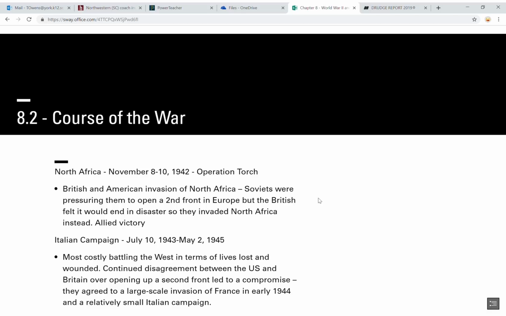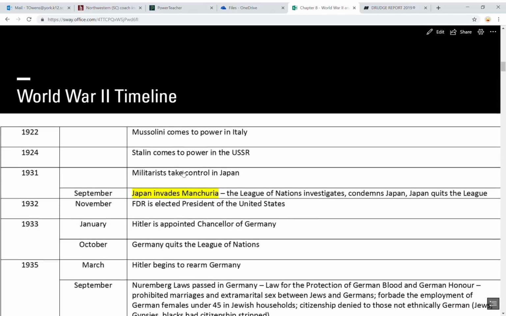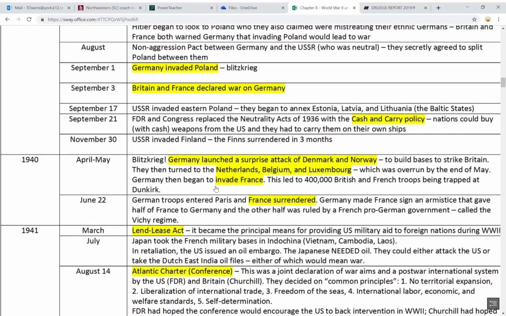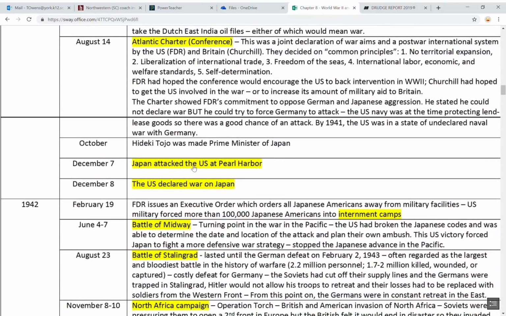I'm also not necessarily going to go in order, so make sure you refer back to the timeline, and again, if you look at the highlighted areas on that, you can see where we're going to start here.